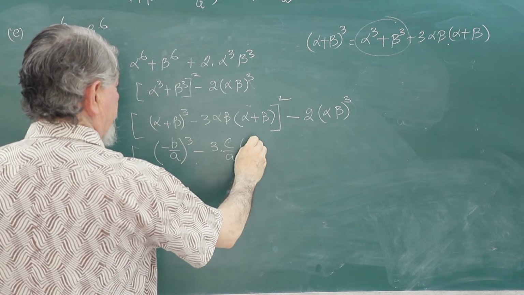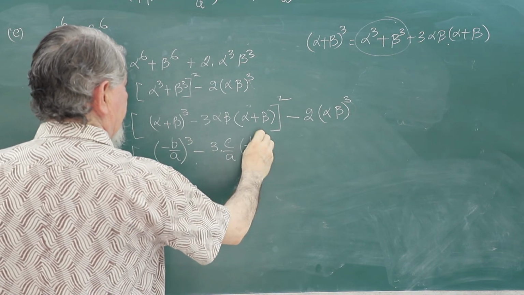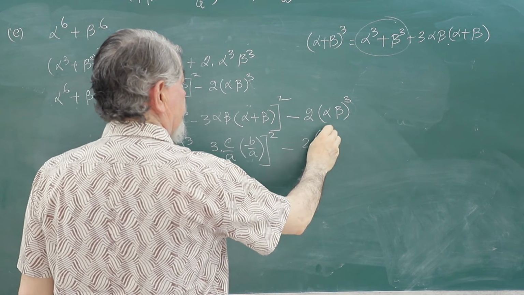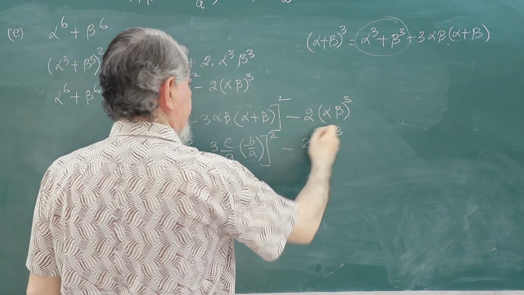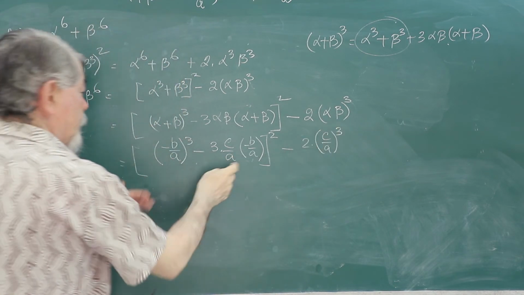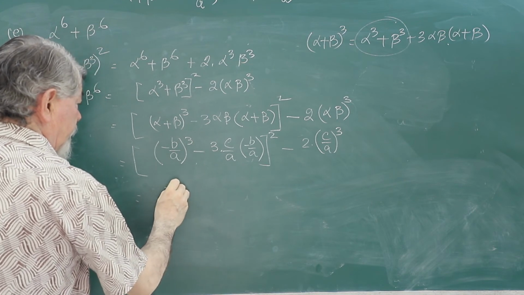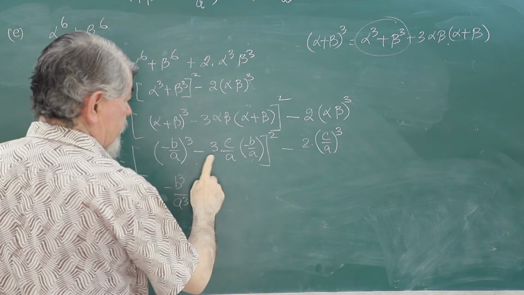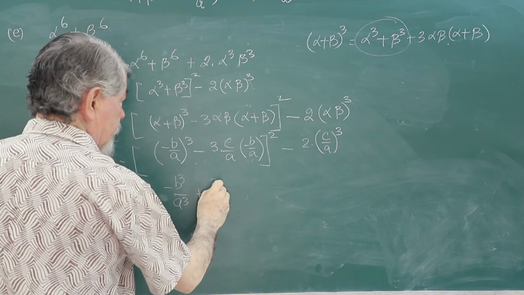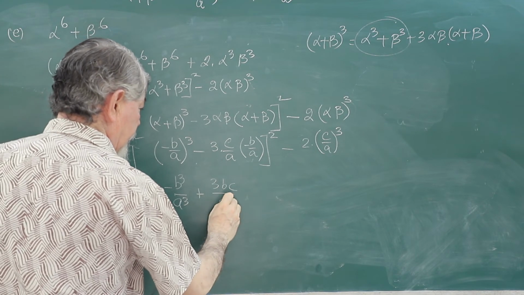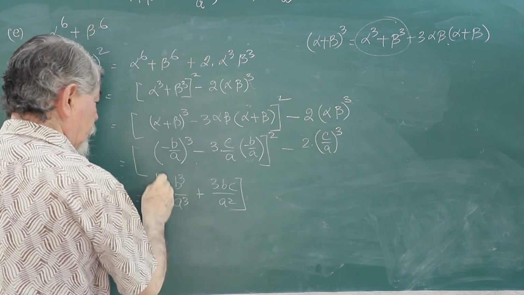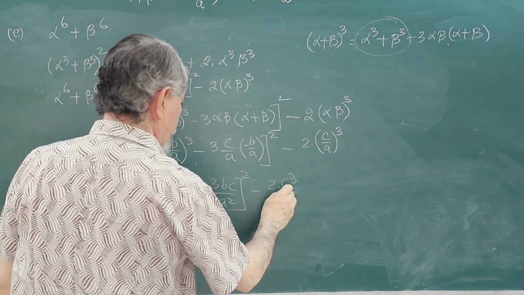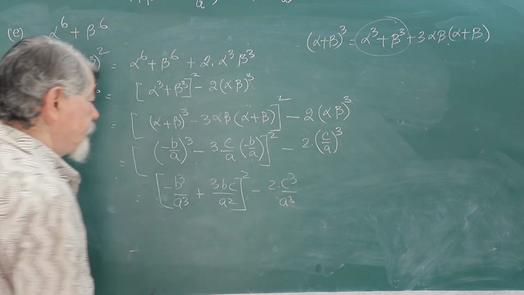It is minus b upon a to the power 3, minus 3 times c upon a, and minus 2 c upon a to the power 3. Now first of all, let us solve this. It will become minus b cube upon a cube, minus into minus plus 3bc upon a square, minus 2c cube upon a cube.